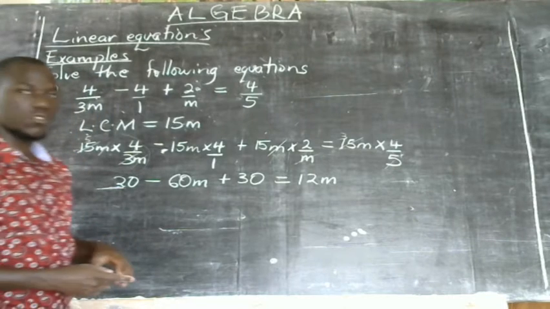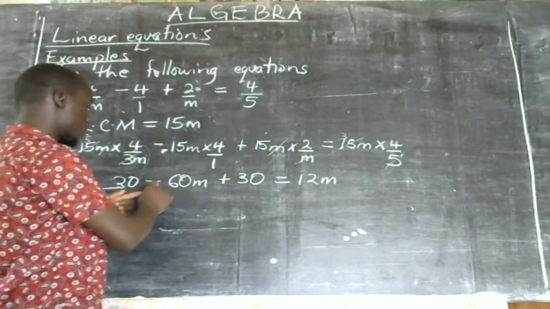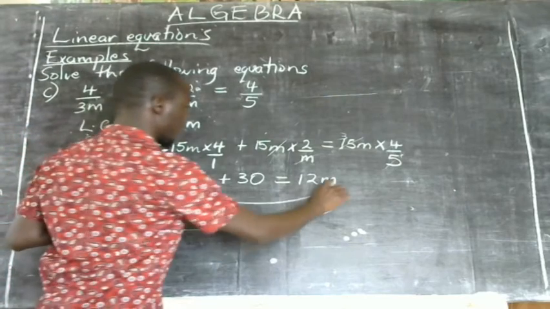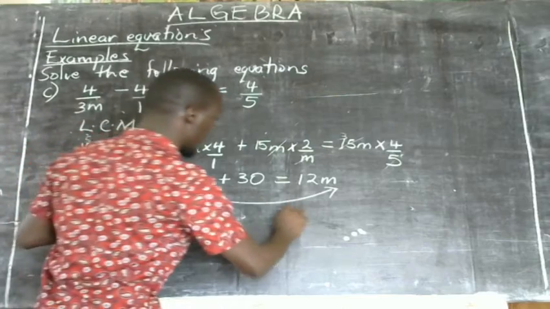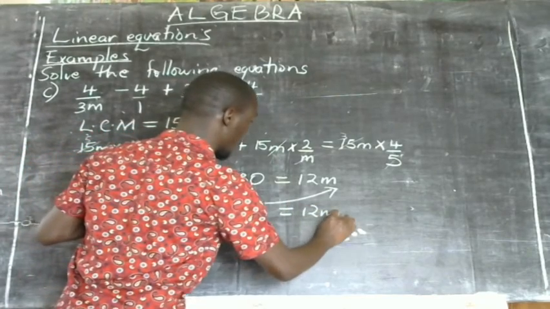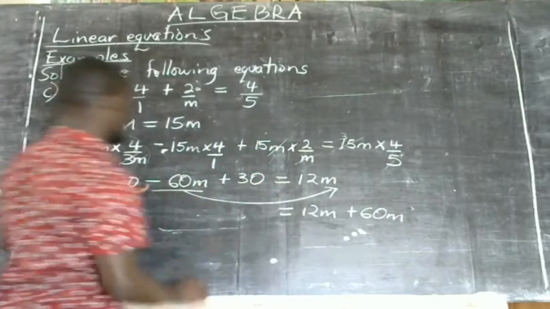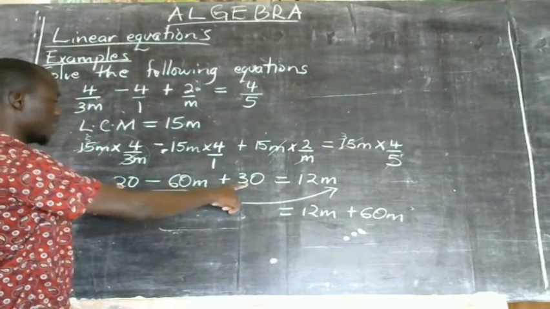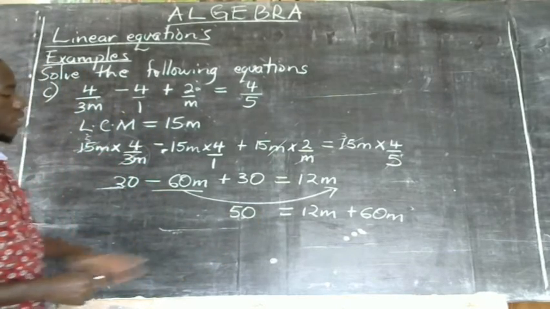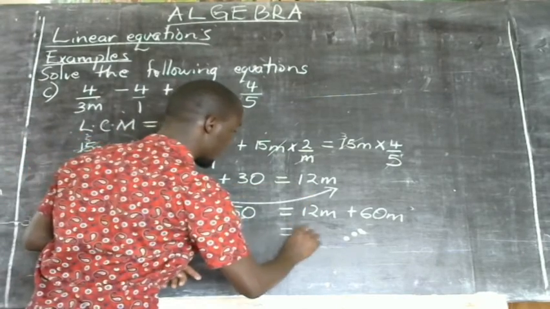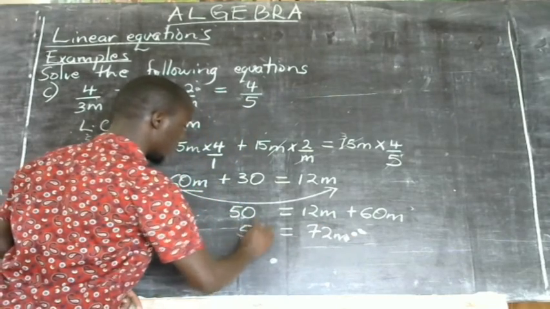Now I need to collect like terms there. So I'm going to take my negative 60 to the other side, it is negative, then it's going to become positive. So 12m plus 60m. Then when I add this to that, I have the 350. The other side, this is going to be 72m is equal to 350 this side.